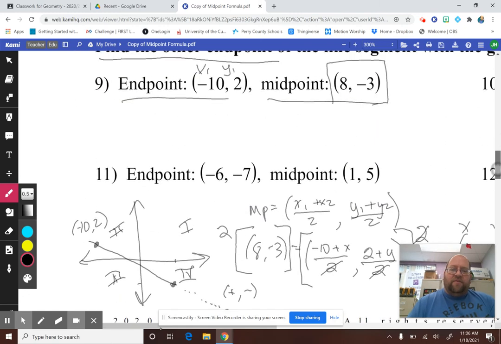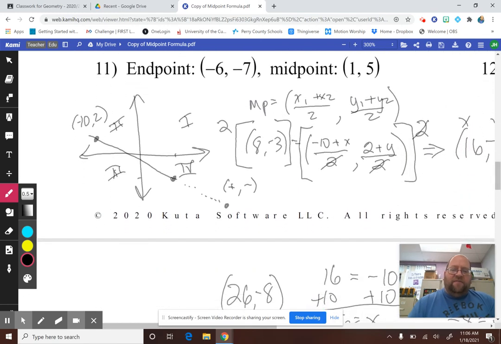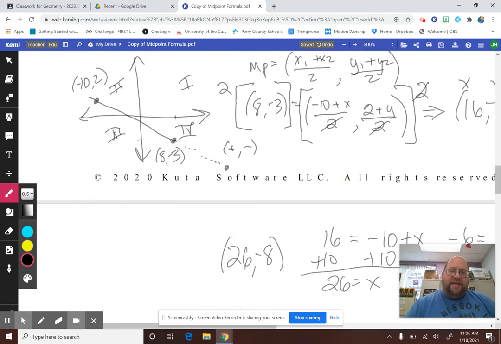This point right here was 8, -3. And so think about it, you're moving a pretty great distance, right? From -10 all the way to 8 is a pretty good distance. So if you think about this point right here, which is where it would be, that makes sense, that you're going over even further and you're going down a little further, which is exactly what this point right here would be.